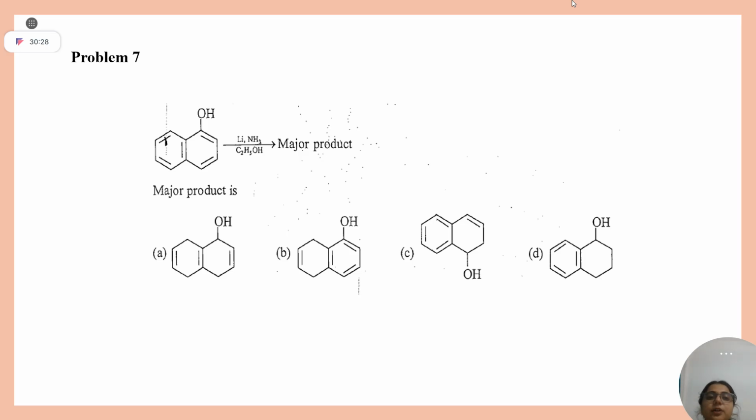Just looking at it. Okay, before trying, tell me which ring is more electron rich, left one or right one? Tell me, Pooja, which is the more electron rich ring? This is your left ring, this is your right ring. In the right ring, oxygen is giving its lone pair. So the right one is more electron donating.